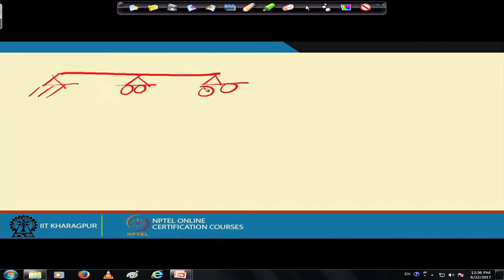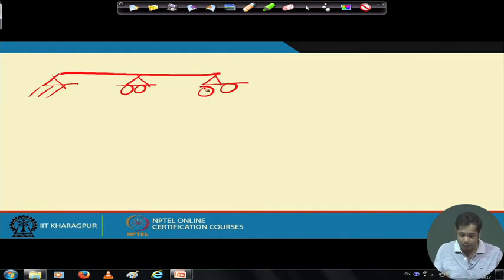This is an indeterminate structure, and what is NS? NS will be two reactions here, one reaction here, one here, total 4 reactions, number of equations available 3, so NS will be 1. Okay. Now, what we need to do is identify one redundant force and then divide the structure into basic structures.